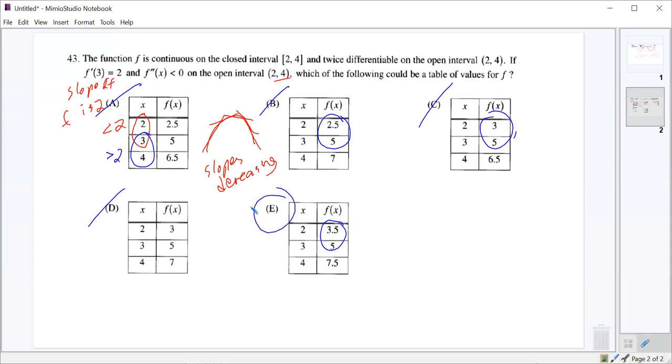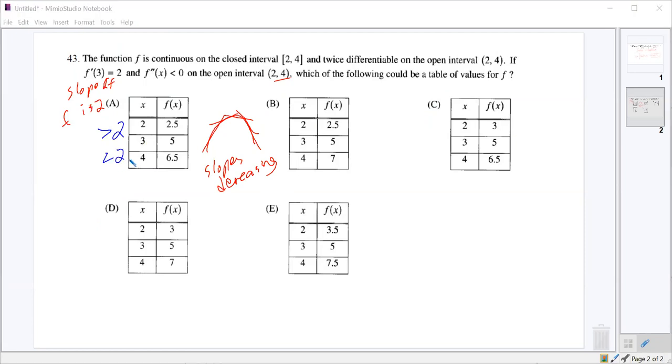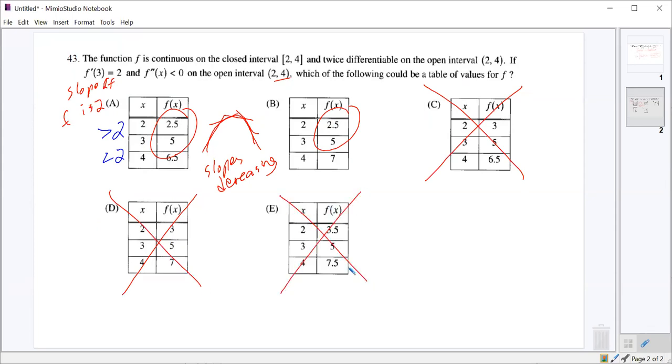So this is the only one it could possibly be. I said decreasing, which means I wrote those backwards. Good job by me. It should be greater than 2 and then less than 2. I'm sorry, I've screwed that up already. So this is greater than 2, this is greater than 2, this is 2, this is 2, and this is less than 2, so it can't be that one.